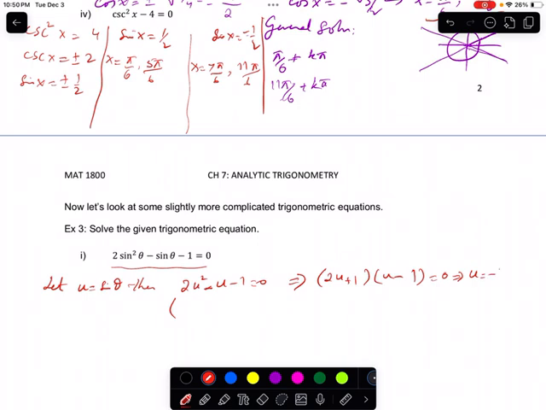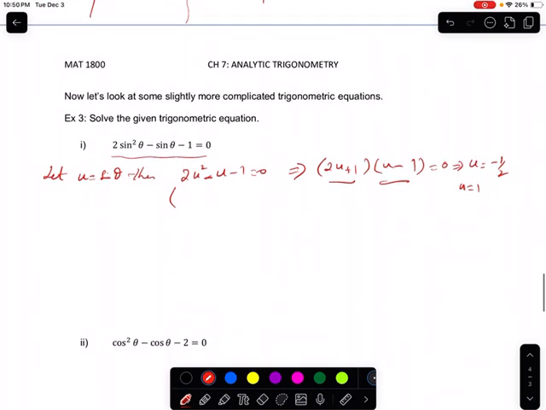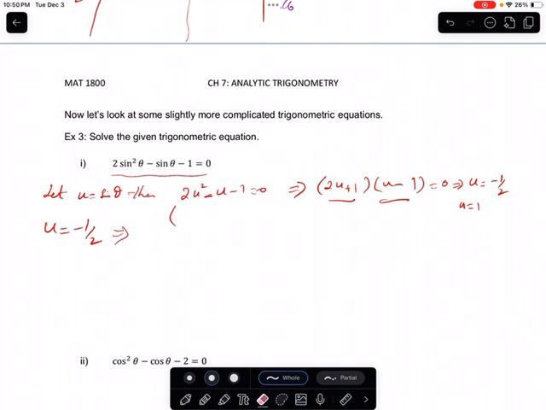So from the first one I get u is equal to negative 1/2, and from this one I get u is equal to 1. So I have 2 equations. So this one gives us sine of theta equal to negative 1/2, which implies theta is equal to 7 pi over 6 or theta is equal to 11 pi over 6.